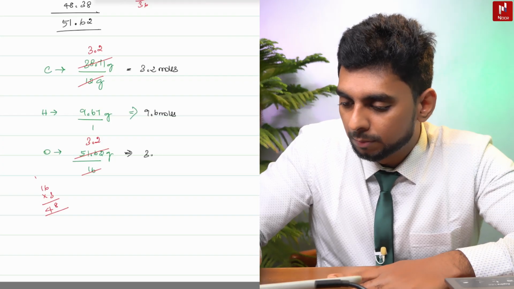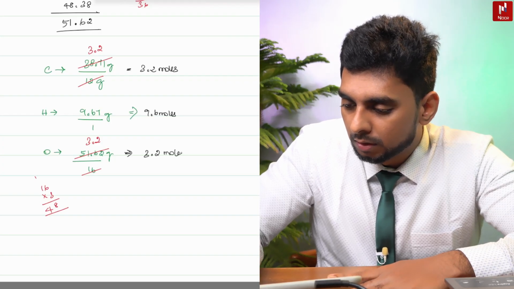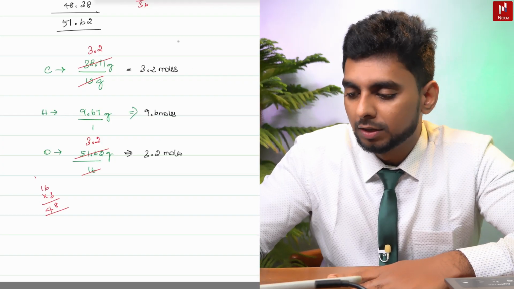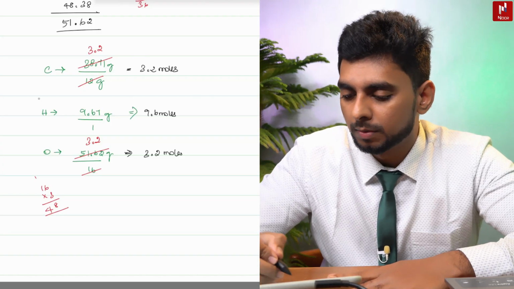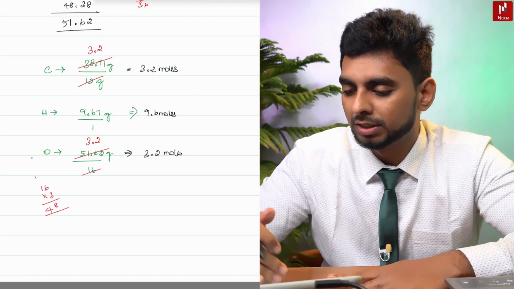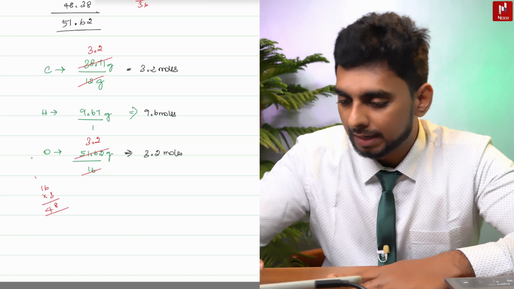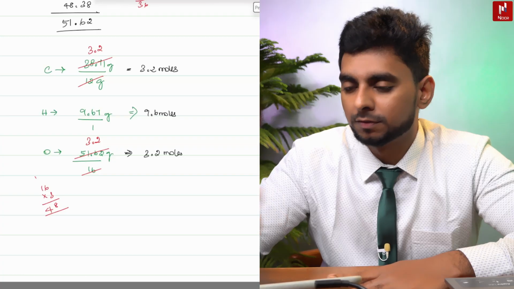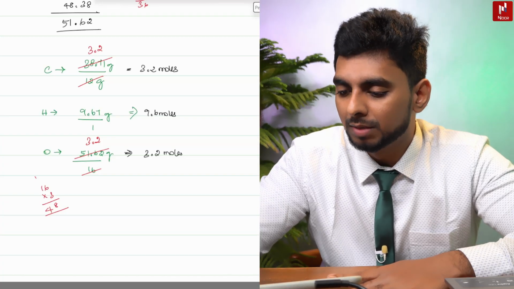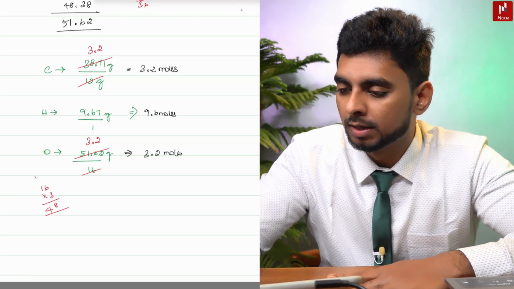Now I have got 3.2 moles. Got it? So now I'll have to get the ratios for this one. Carbon and oxygen seem to be in the same proportion. Therefore, let me divide the entire moles by 3.2 so that I get multiples of 1 or 2. That will be easy to get the empirical formula, right?